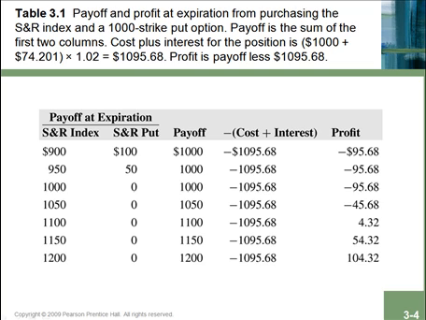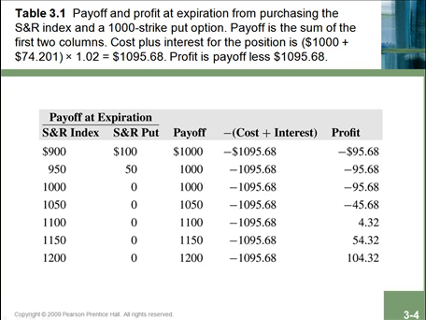Here's a table out of your text showing the payoff and the profit function if you were to have a long position in the S&R index and a long position in a put option on the S&R index. In other words, you own the index, you also own a put option on the index. Now, this put option has a strike price of $1,000.